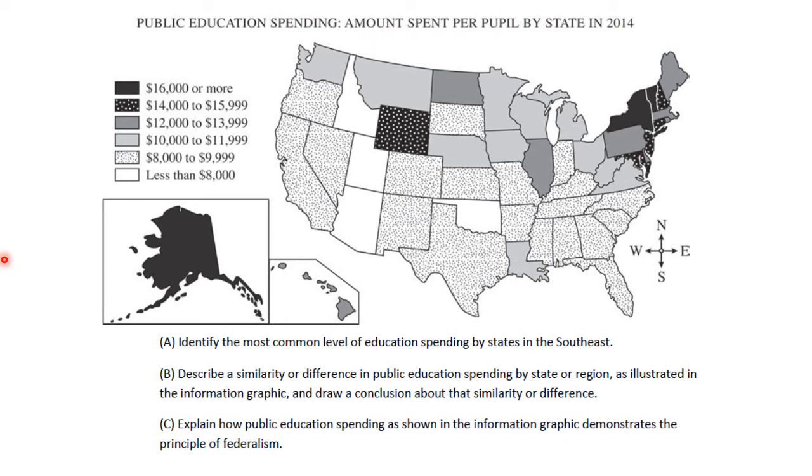First thing we want to do is read the question and identify the points on the rubric. Okay, so 1A: identify the most common level of education spending by states in the Southeast. All right, now I immediately recognize this as an identify point. So this part A is worth 1 point, and it's an identify point.